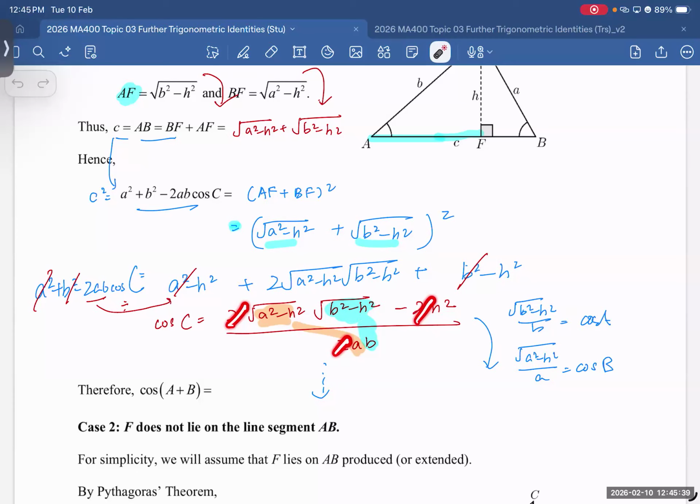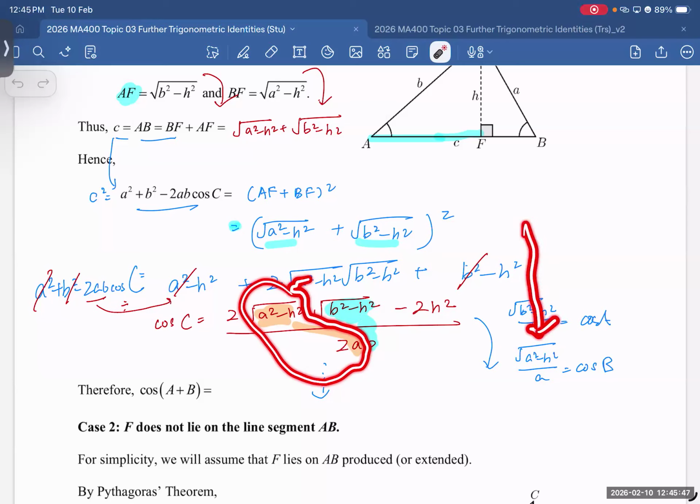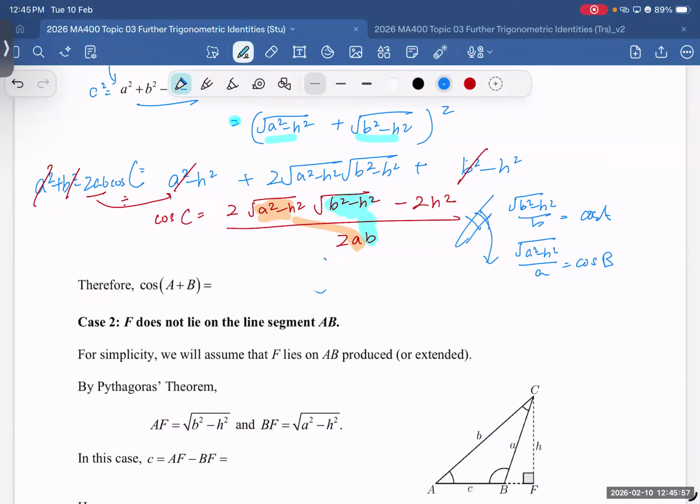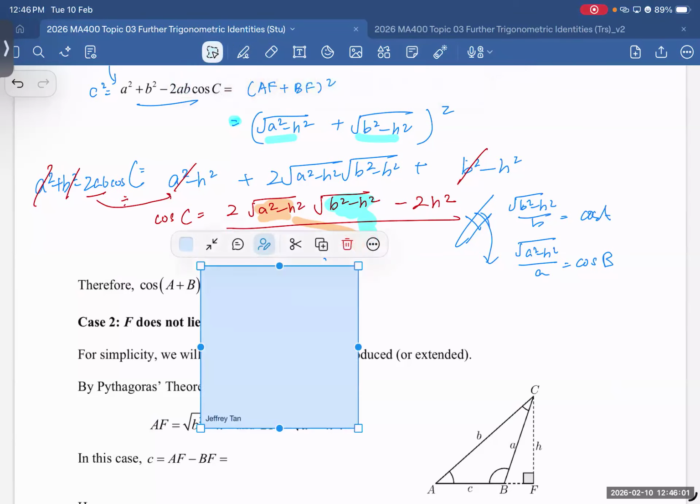Now then, if you take a look, the one in brown, square root a square minus h square, this is cosine b. Okay? Now I give you a try. So now that I got to this part already, just take a look.